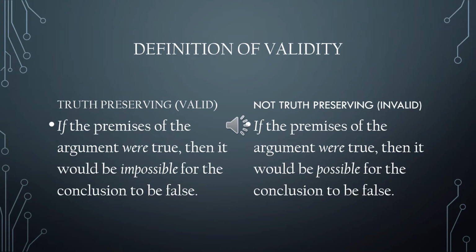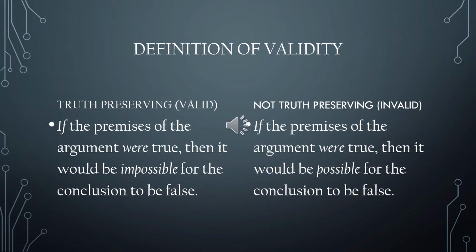That's what truth preservation means. It means that if the premises were true in a given deductive argument, and based on that assumption, the conclusion could not be false, that means that that argument preserves the truth in the premises down to the conclusion and guarantees the conclusion is true.